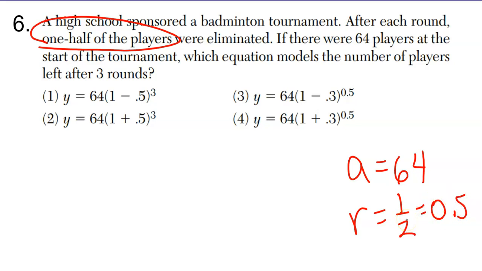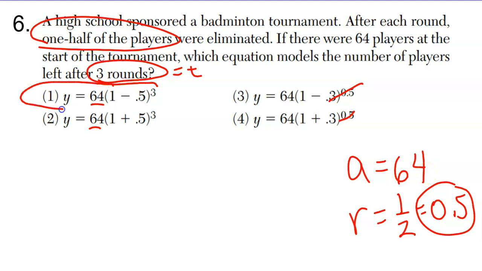Which equation models the number of players after 3 rounds? Well, 3 is the time, so if the exponent is 3, these are out. And if the initial value is 64, and we have decay, then we are subtracting. Decay is subtracting.